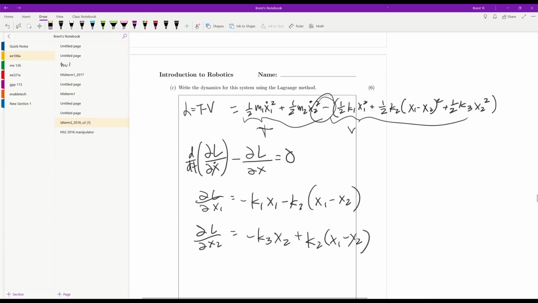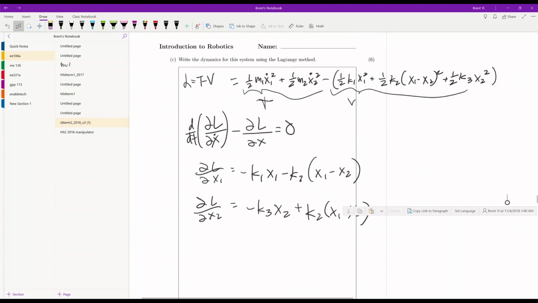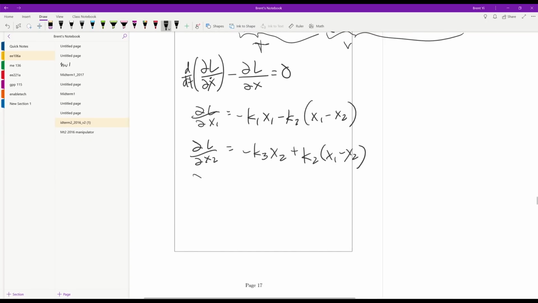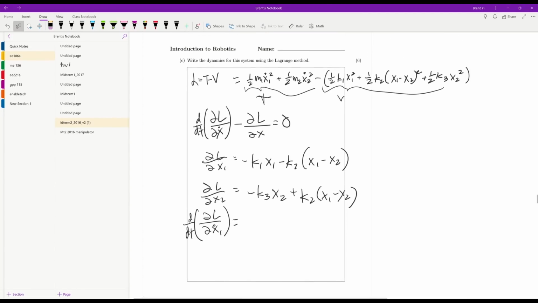Cool. So now we've computed all the partial derivatives of L with respect to x. Now let's do d over dt of dL over dx dot. We'll start with x1 dot. The only thing that has x1 dot in it is this first expression.